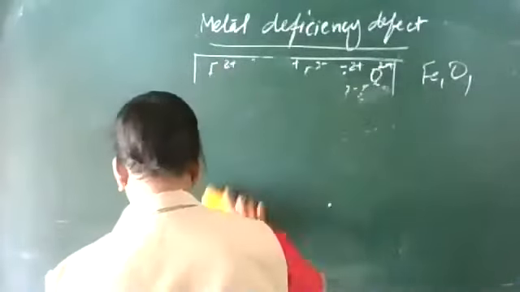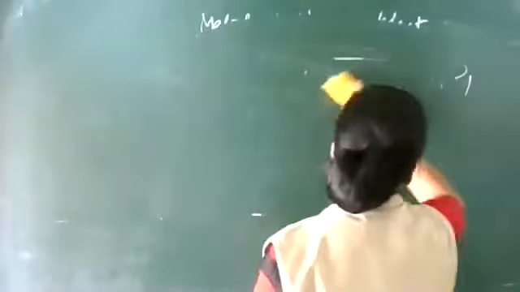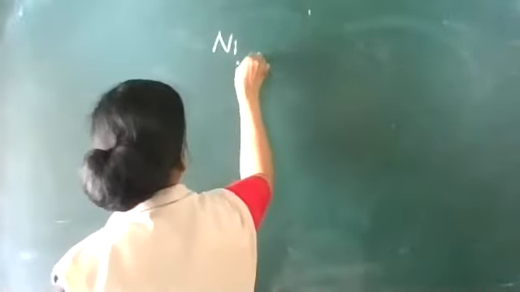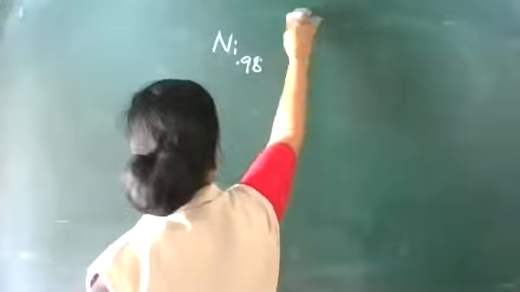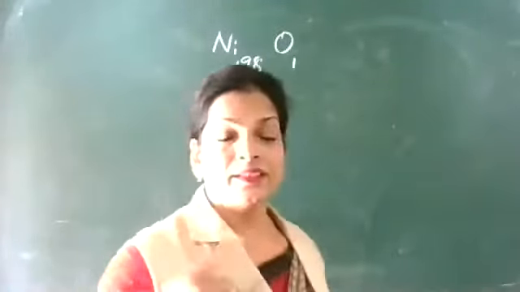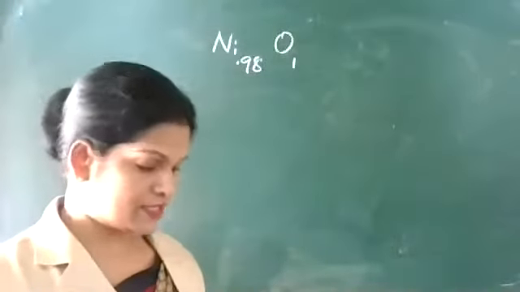Nickel oxide has formula Ni0.98O1. This means this is coming under metal deficiency.